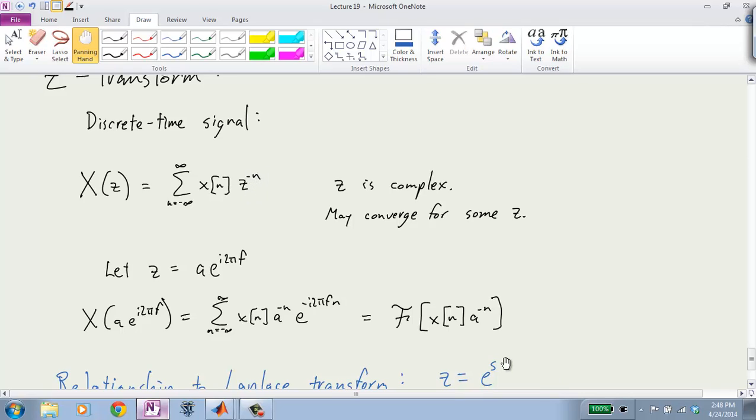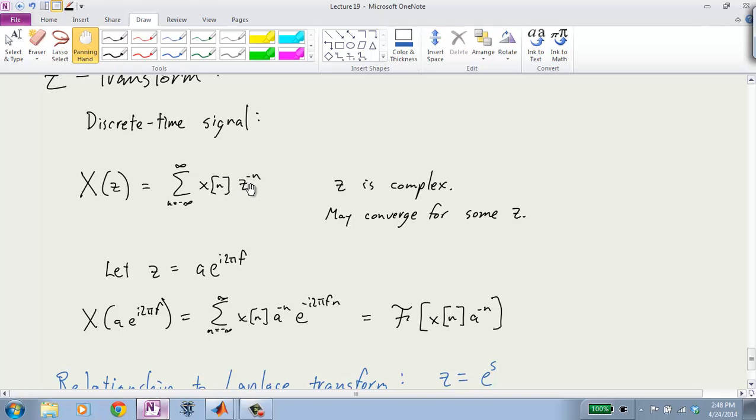So you might say, well, what's the point of changing the way we represent a complex number to come up with a new transform? I think the reason is the following. Because of aliasing, if you left it as e to the negative sn, you would get a Laplace transform that was periodic.